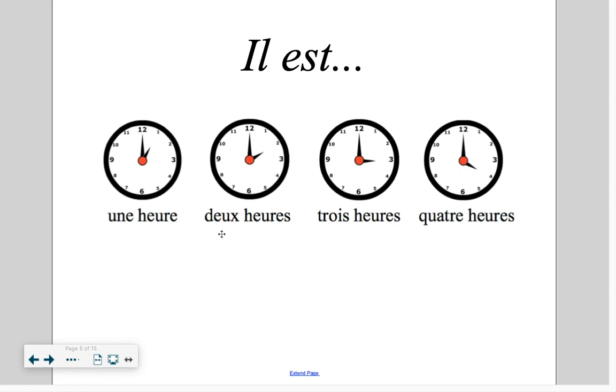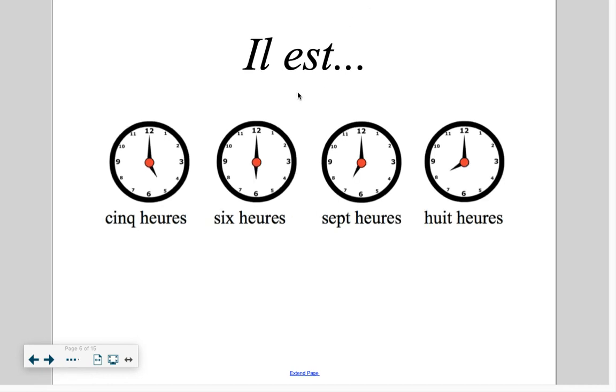Then we move on to 2 heures. Il est 2 heures. So after I say it, please repeat. Il est 2 heures. Il est 3 heures. Il est 4 heures. Il est 5 heures. Il est 6 heures.